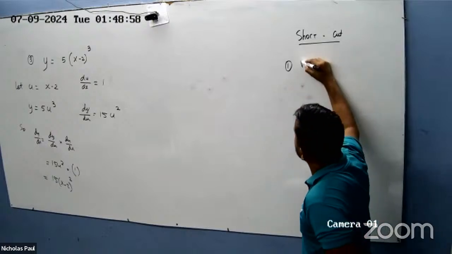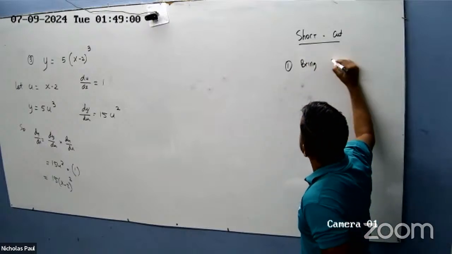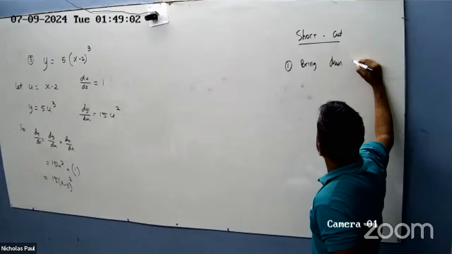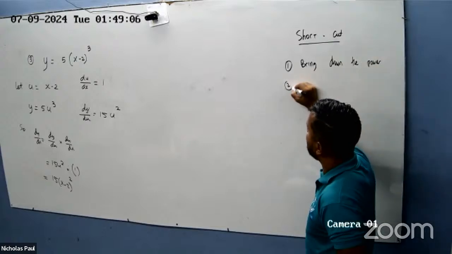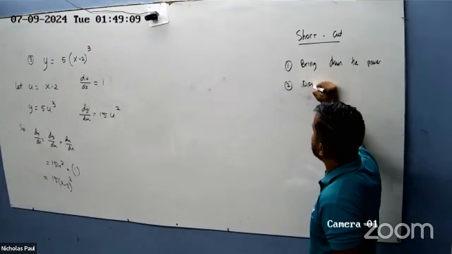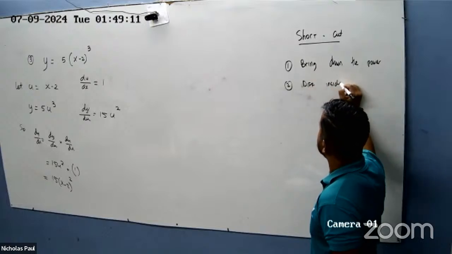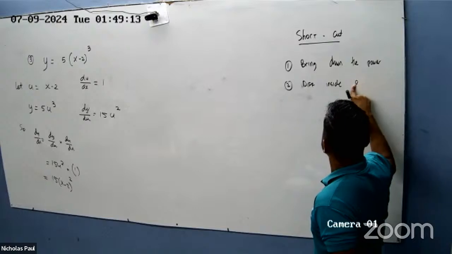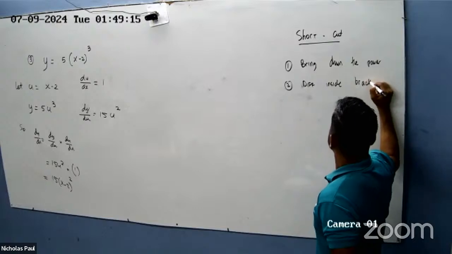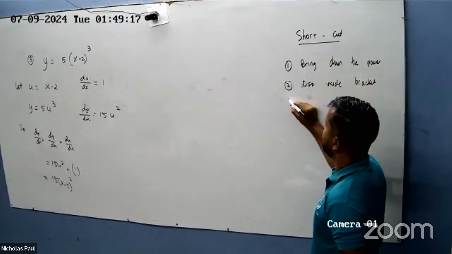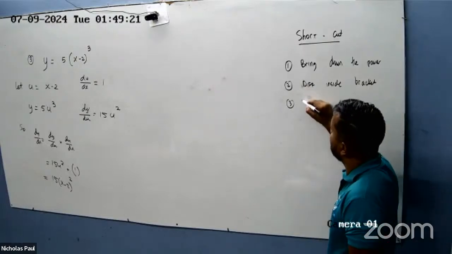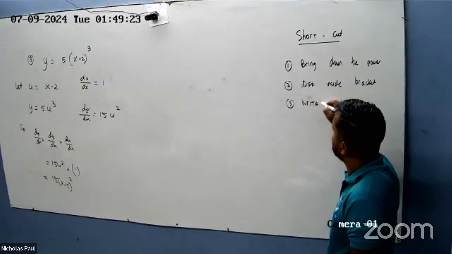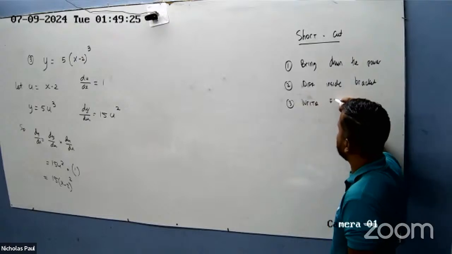Number one, you bring down the power. So you bring down the power. Number two, you differentiate inside the bracket. Number three, after you differentiate inside the brackets, you write back the bracket.